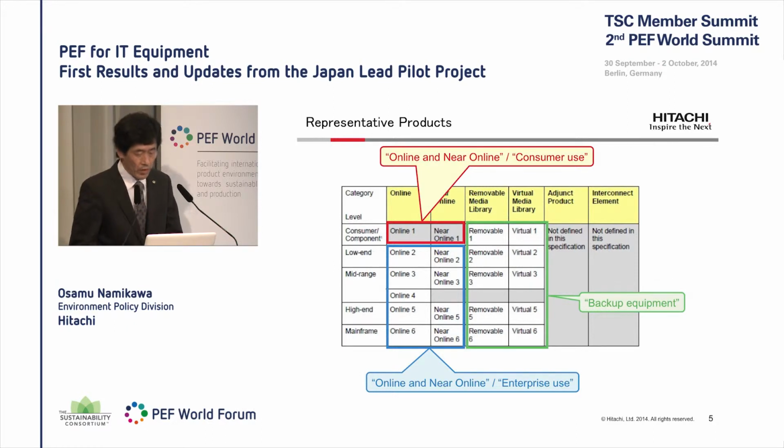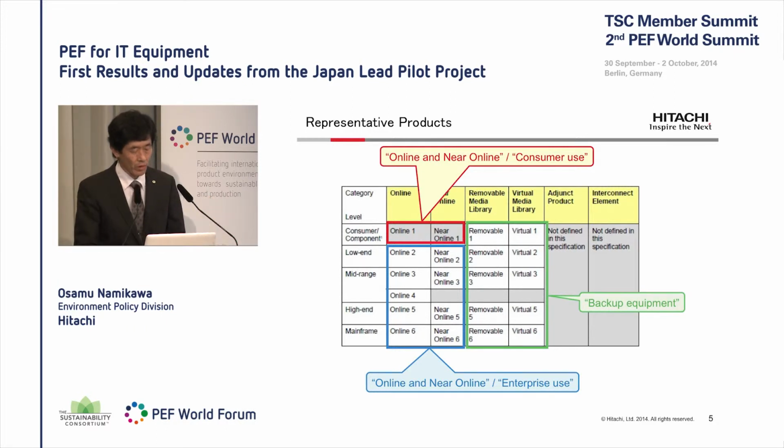And the blue area is direct access storage, bigger than the consumer, covering data center storage. And removable and virtual media is what we call the backup device. So we introduce three areas, and we now try to evaluate three areas with a representative product each.